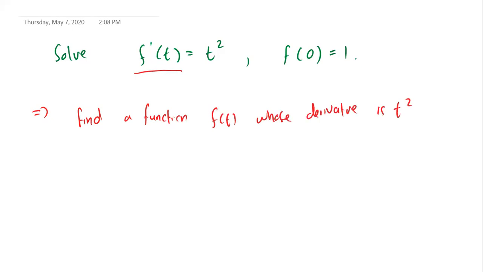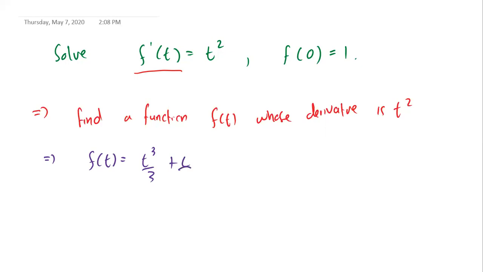So that's just finding an antiderivative, right? A function whose derivative is t squared, that's an antiderivative of t squared, right? So we already found one in the previous example. F of t equals t cubed over 3 works. And then, of course, we add constants, right? Because all antiderivatives have this form.